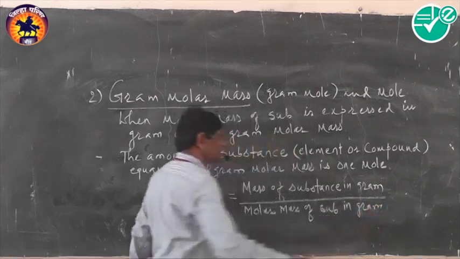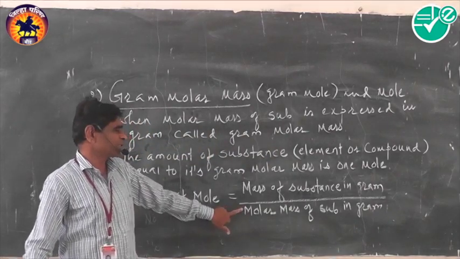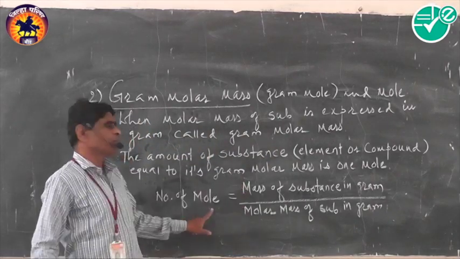Mass of substance in gram divided by molar mass of substance in gram, that is mole.